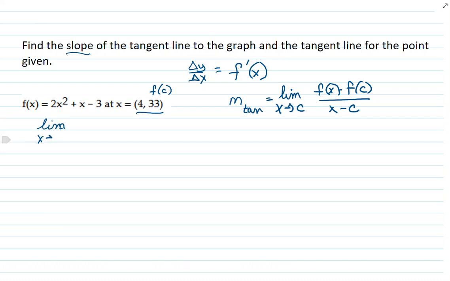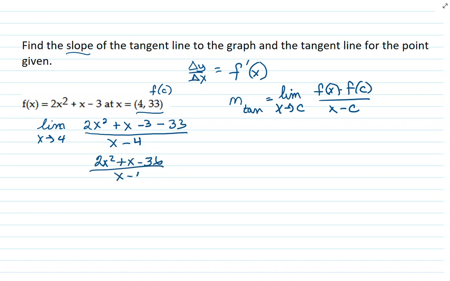as x approaches 4 of 2x squared plus x minus 3 minus 33 all over x minus 4. We're going to simplify that, and then we're going to factor it.